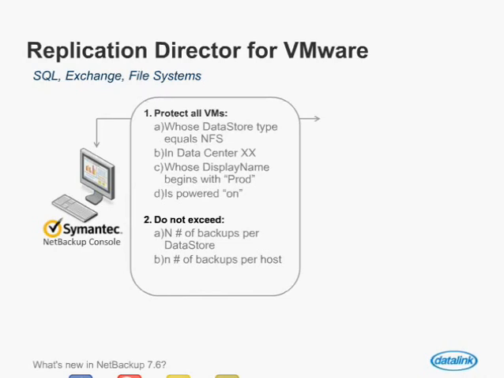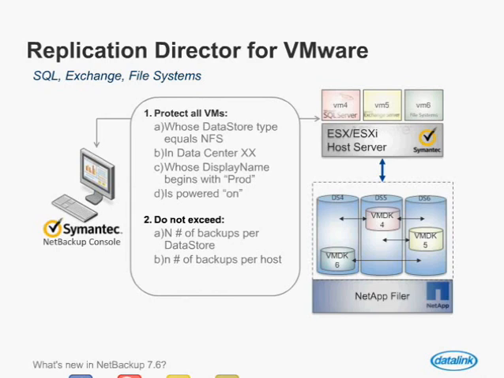How many backups I want to do and how many backups per host that I want to do, just as I normally would within my policies. On the NetApp side, that could be located across multiple data stores. It's really transparent to NetBackup from that particular standpoint. It uses the administration within the NetApp filer to communicate back and forth and do this in concert.